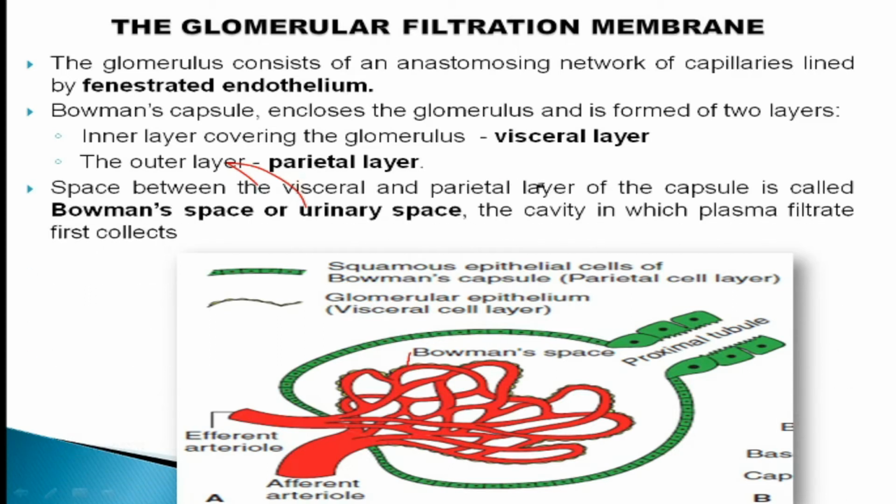Now the potential space between the visceral layer and the parietal layer is known as the Bowman's space. So this Bowman's space is the potential area where the fluid gets collected. This is the visceral layer and this is the parietal layer.